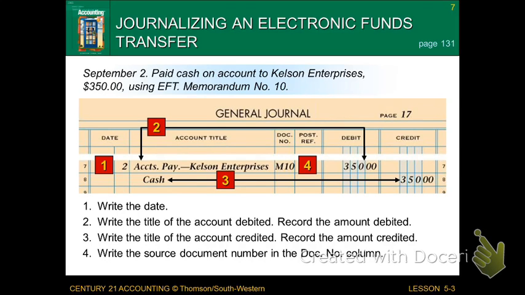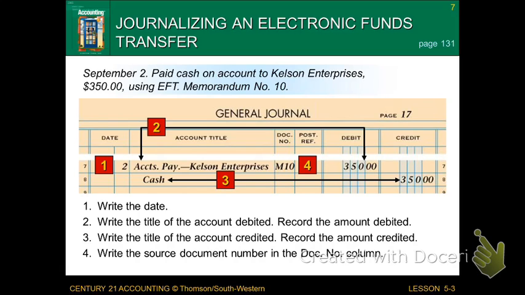Now, occasionally, you might make a payment as a business to a vendor. You might make that payment online or using a debit card, just like you might pay your cell phone bill online. When we're not physically handing over cash, that is considered an EFT, an electronic funds transfer, a digital way of making a payment.